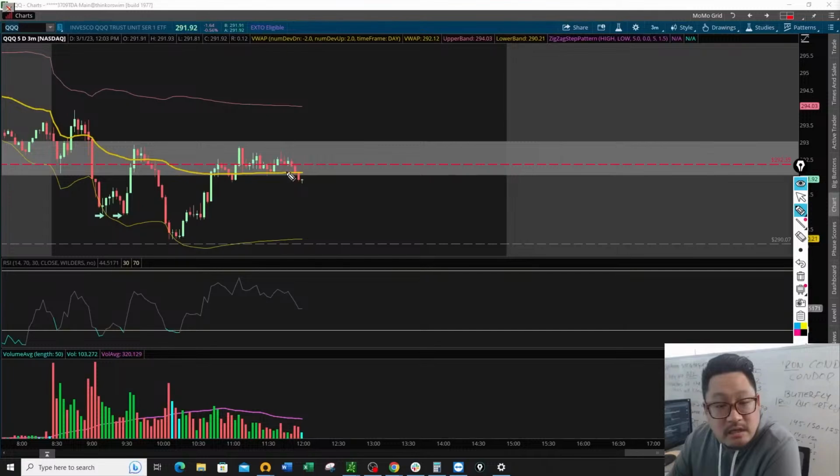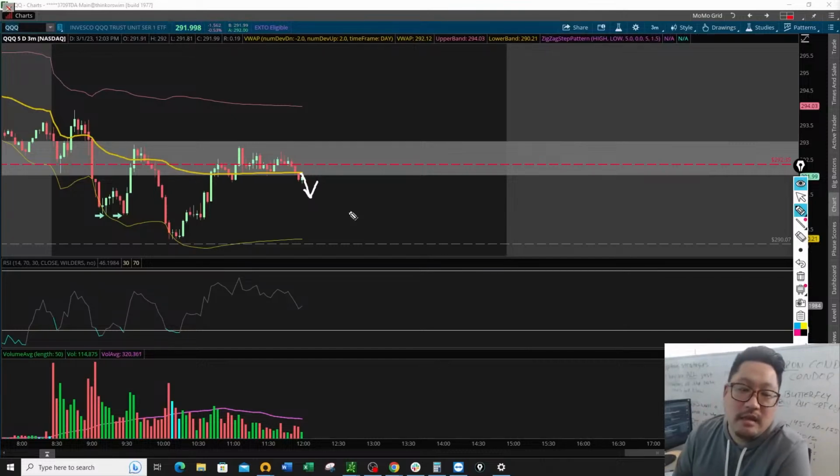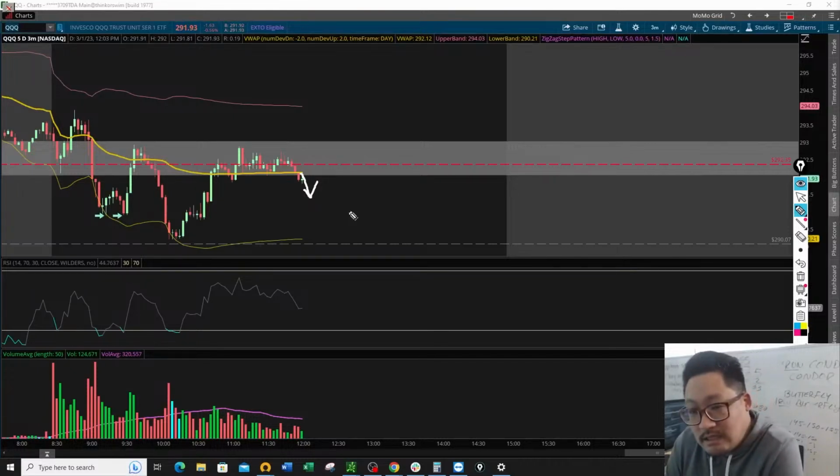If sellers are taking control and we're below the VWAP and we reject and move lower, that's only confirming that selling weakness and that seller sentiment. And quite honestly, if we're going to trade, we want to trade with the sellers again versus going against them, right?